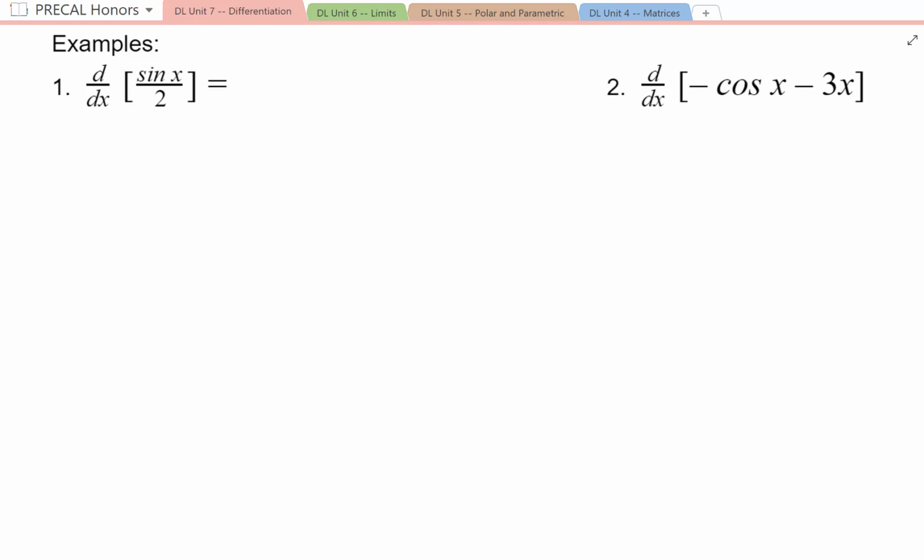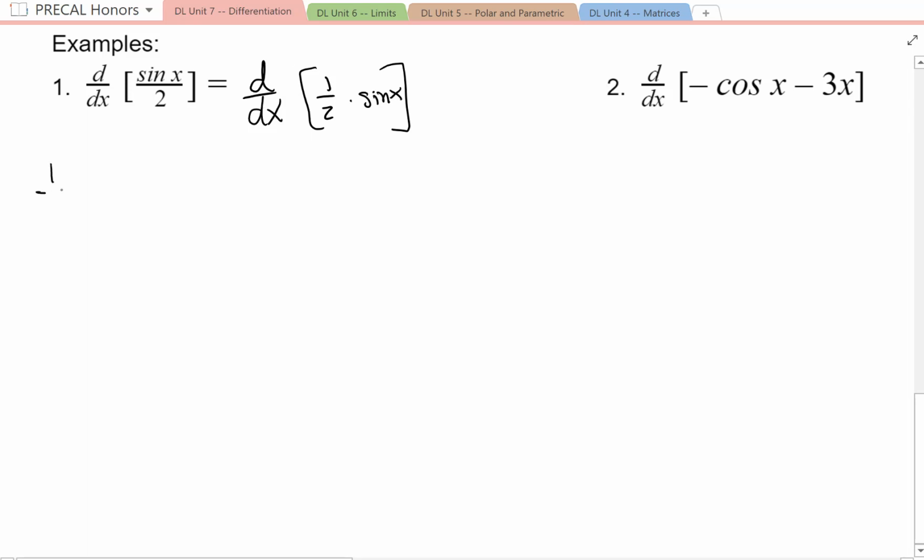The derivative with respect to x of sine x divided by 2. I'm going to change the dividing by 2 to be multiplied by a constant, so I can use the constant multiple rule. So the derivative of sine x over 2 can be written as the derivative of 1/2 times sine x. And now I'm going to remove 1/2 from the derivative. 1/2 times the derivative with respect to x of sine x.